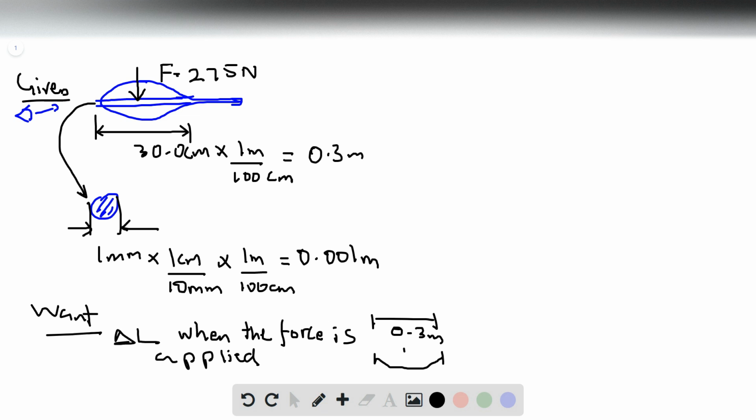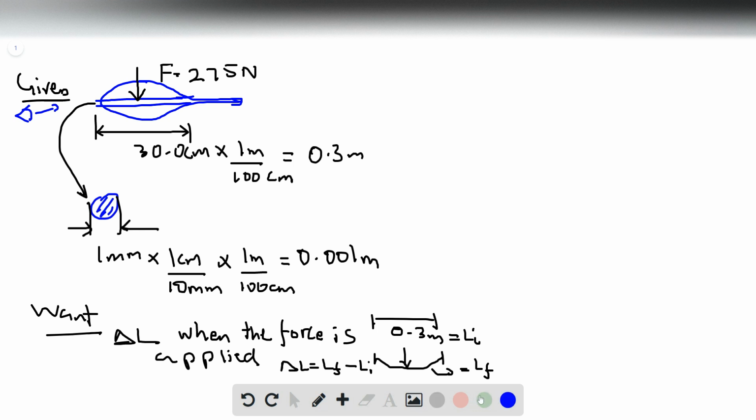So there's a force being applied right there, and then the whole string stretches, and we want to find out if this happened to be the initial length, and this is the final length, then we're interested in finding the change in length, which is the difference between the final length and the initial length. So it's being stretched.